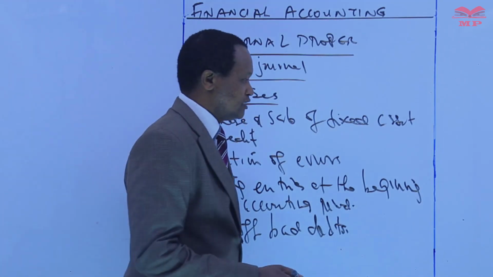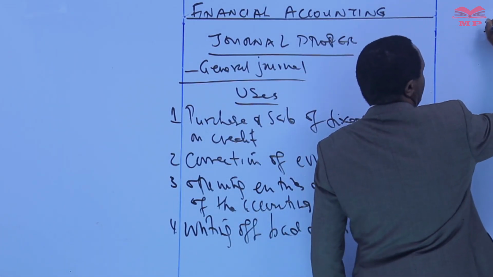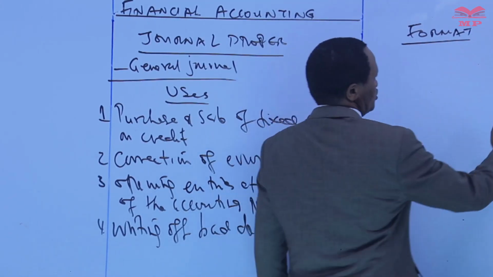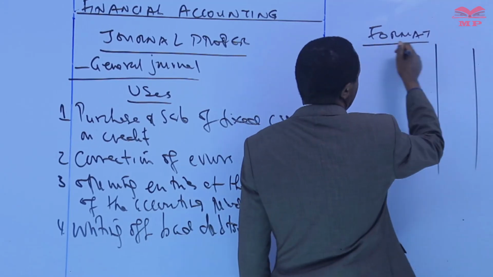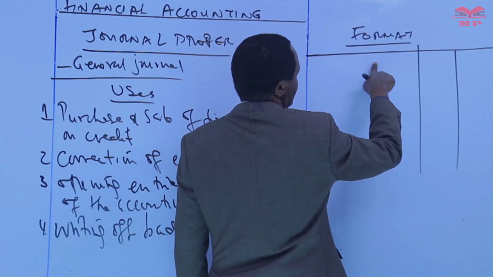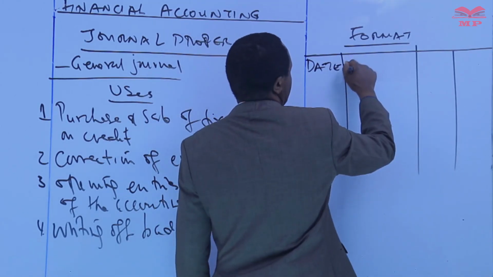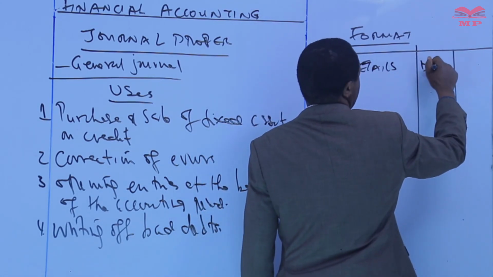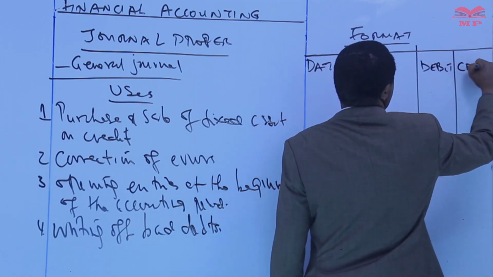And candidates, here is the format for the general journal. The general journal has 2 columns for amounts. Then there is a column for particulars and the date. Date, details, debit, and credit.